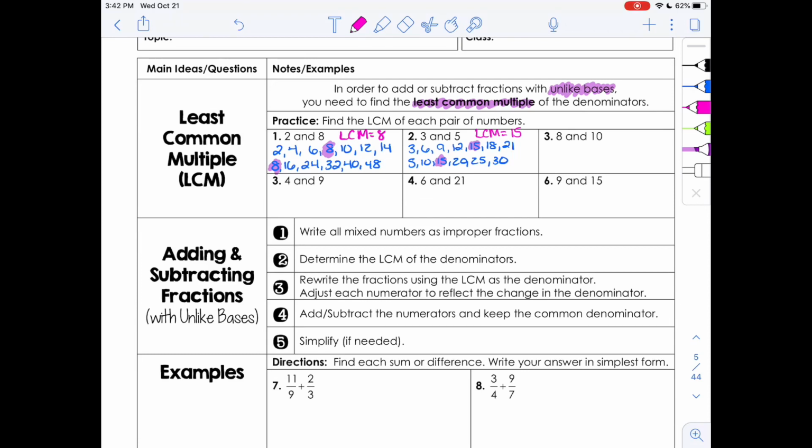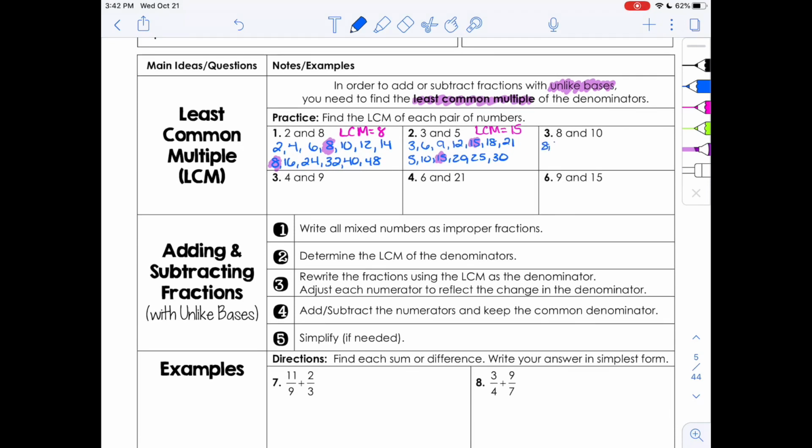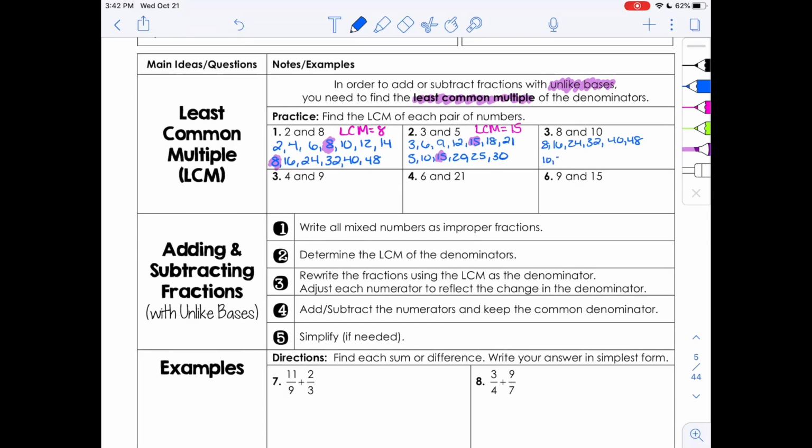Finding the least common multiple between 8 and 10. Our multiples of 8 are 8, 16, 24, 32, 40, and 48. Our multiples of 10 are 10, 20, 30, 40, 50, and 60.